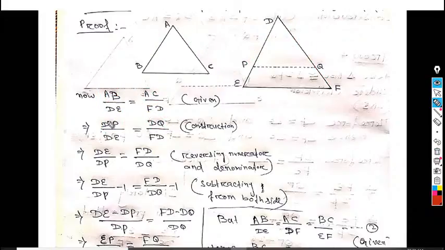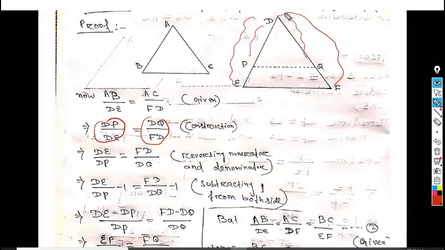So now what happens? DP by DE equal to DQ by FD. Always compare what we are writing with the figure. So DP by DE, where is DP? DP by DE equal to DQ by FD. DQ by FD, this one.